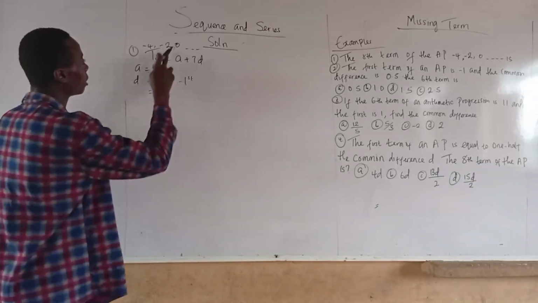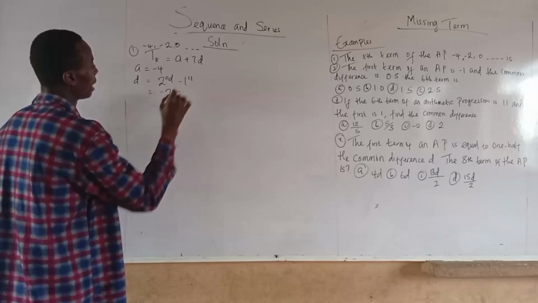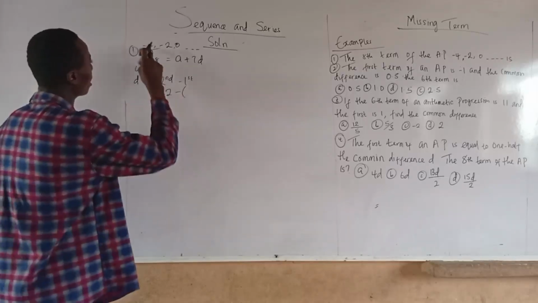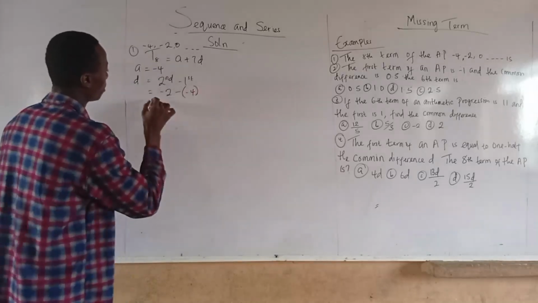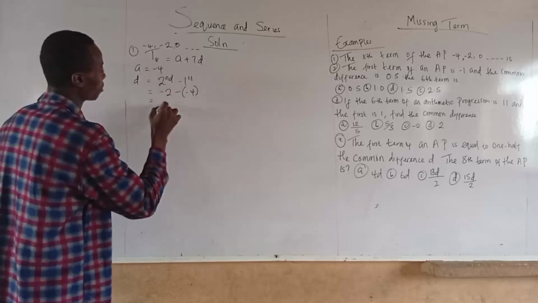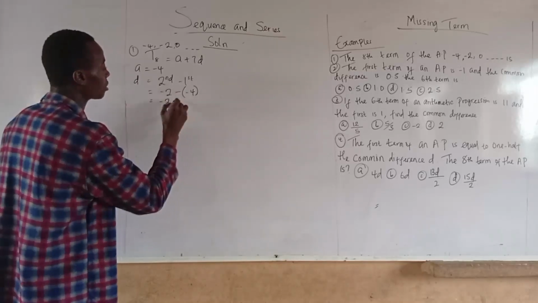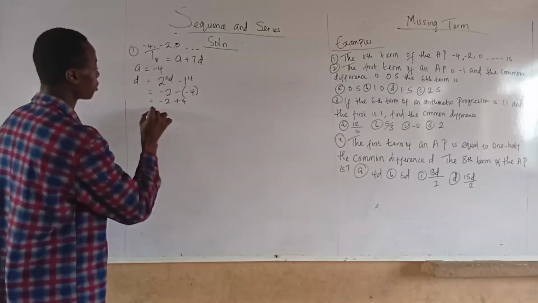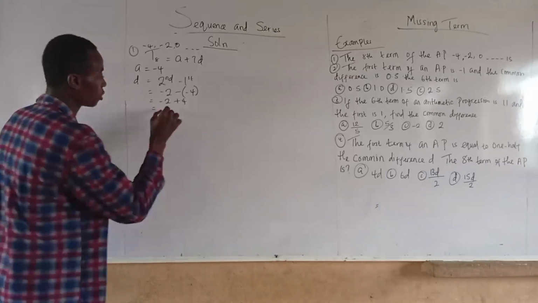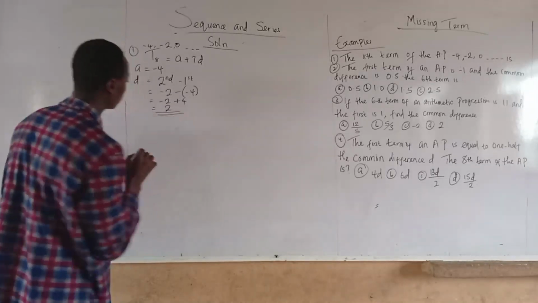Our second term is minus 2, minus our first term, minus 4. Minus 2 minus minus 4 is minus 2 plus 4, which gives us 2. 2 is our common difference.